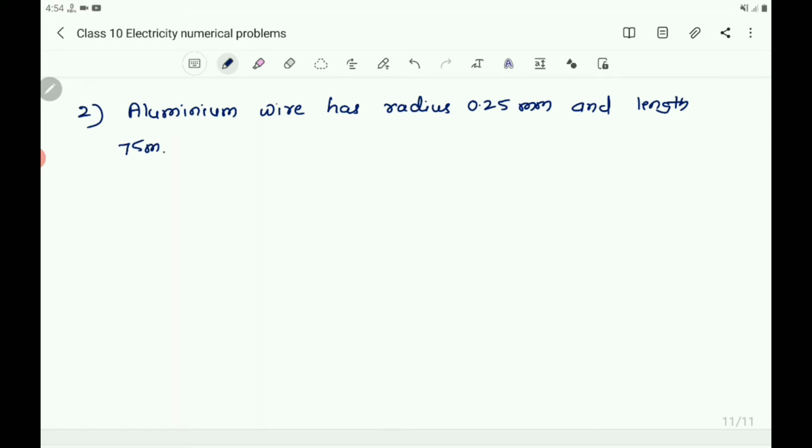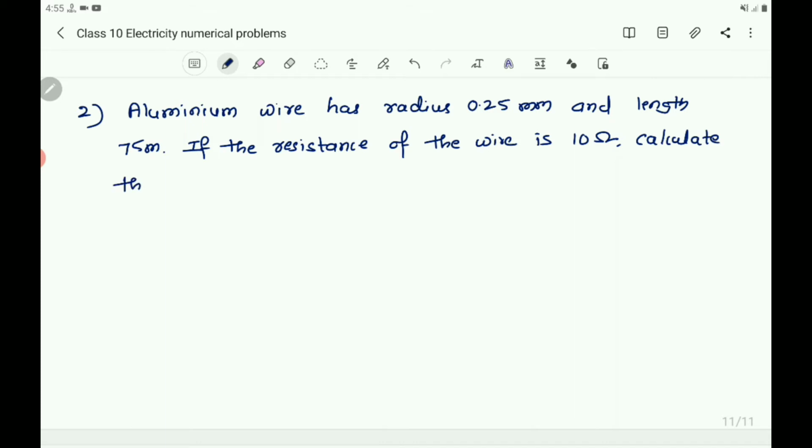If the resistance of the wire is 10 ohm, calculate the resistivity of the aluminium.